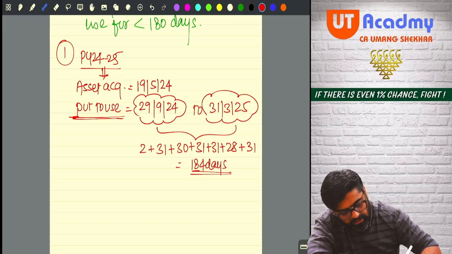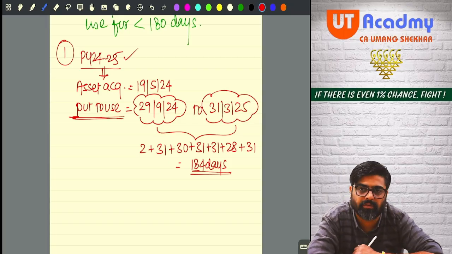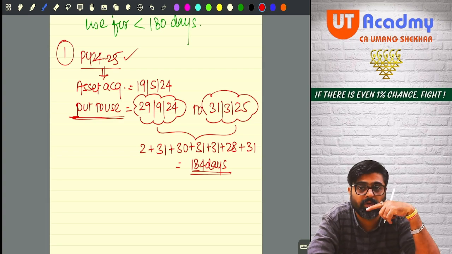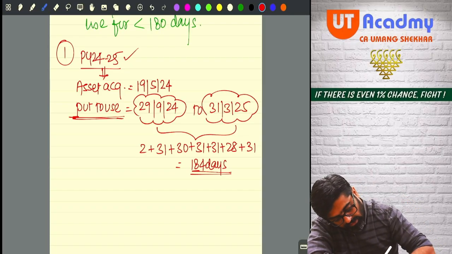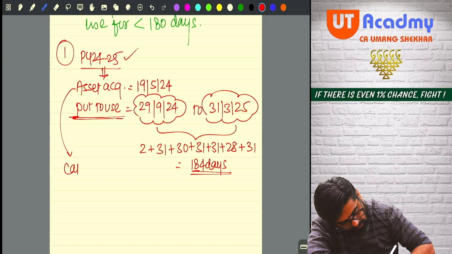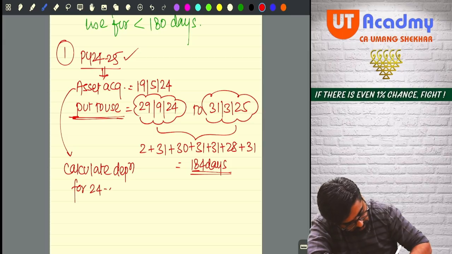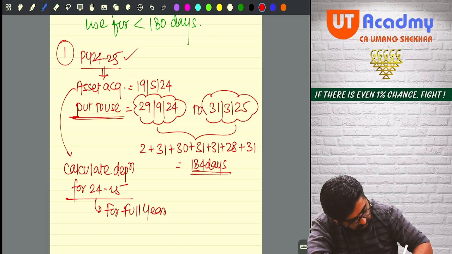So first question, asset purchased in 24-25? Yes. Is it the first year of the asset? Yes. In that same year, the asset is put to use? Yes. Is it put to use for less than 180 days, or 180 days or more? So on this asset, calculate depreciation for 24-25 for full year at what?